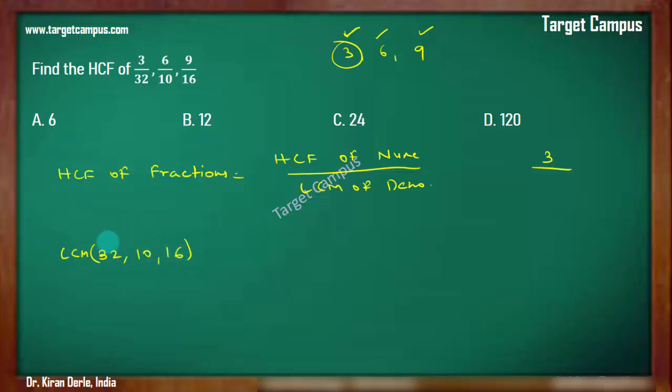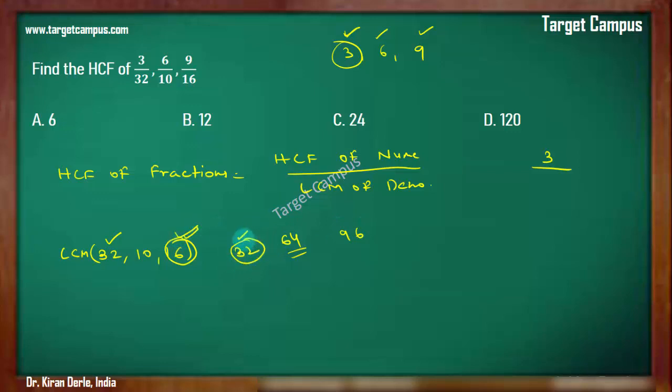Now, if you observe, 32 is a multiple of 16. I hope you are getting this point. All the multiples of 32 will mandatorily be multiples of 16, right? For example, 64 has to be a multiple of 16, and 32 into 3, 96, has to be a multiple of 16.